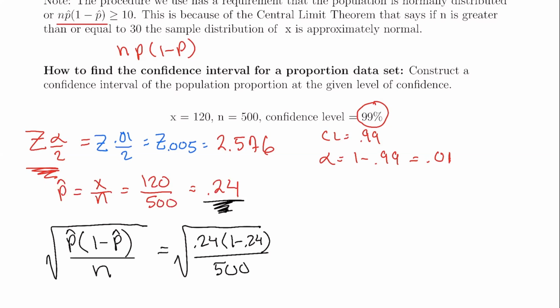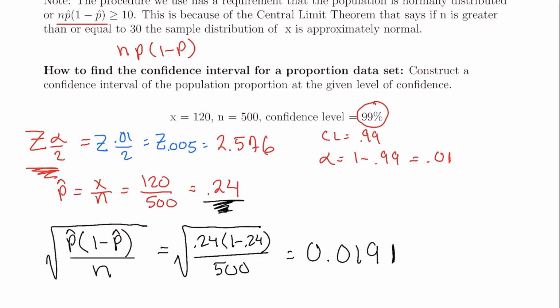All right, so I'm gonna go ahead and work that out. So it's 0.24 times 1 minus 0.24 divided by 500. You get 0.0191. So just remember, this is my standard deviation. So I just found what the standard deviation of P hat is equal to.